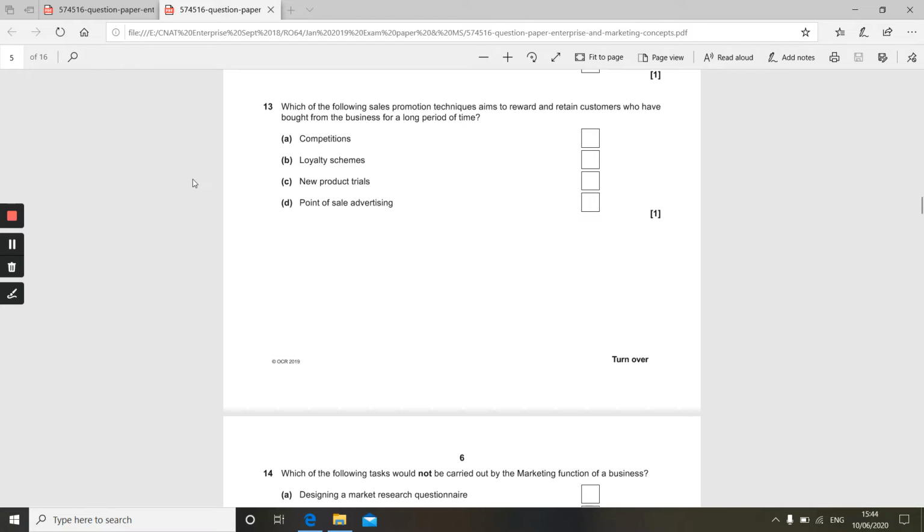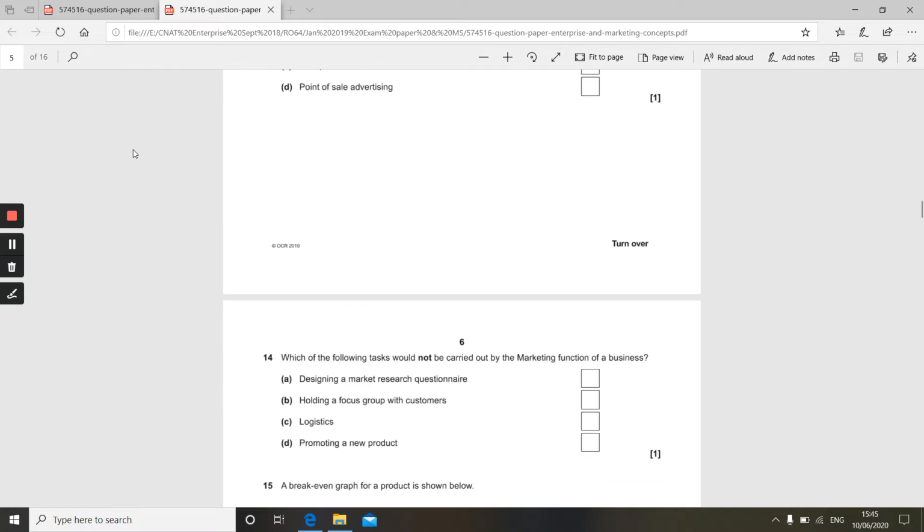Think back to things we've discussed in class, like your Tesco Clubcard, your Boots Advantage card, and I'm sure other shops have got them. Off the top of my head, Sainsbury's have got one as well. So which one is going to reward customers who keep going and get points, etc.? I think I've given quite a lot away with that, the answer to that question.